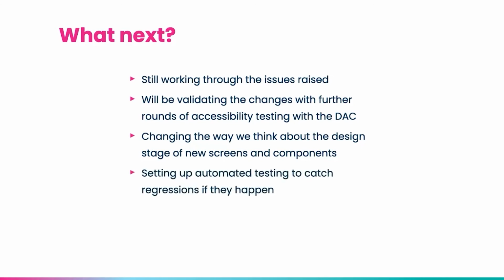And yeah, setting up automated testing, because we're putting all this work in. We don't want, a few months down the line, once we fix things, for them to regress, and we change something in a different section of the app and it affects something else. We need to know if that happens.